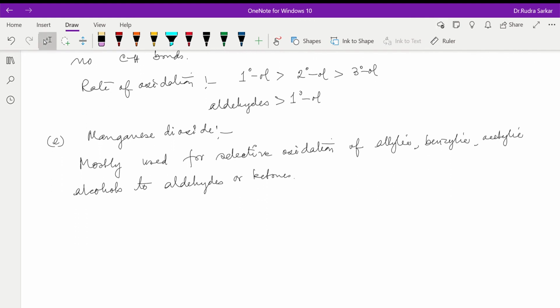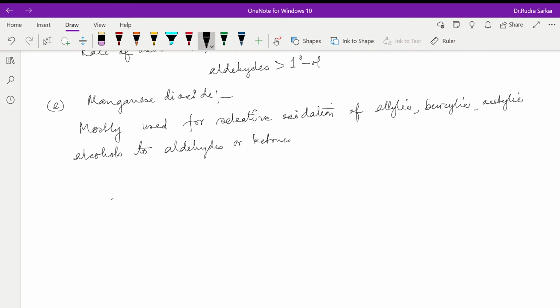Okay, so now let us take some examples and try to test the theory that we have already practiced. So suppose I have given you an alcohol like this, or a simpler one like this.